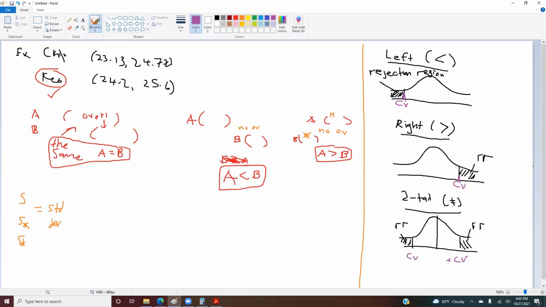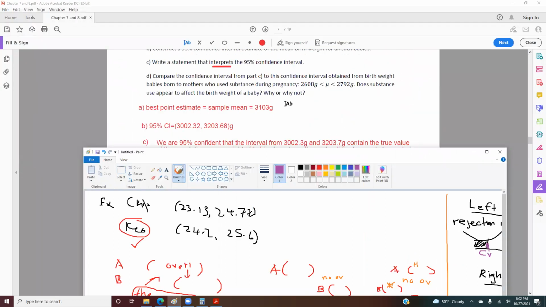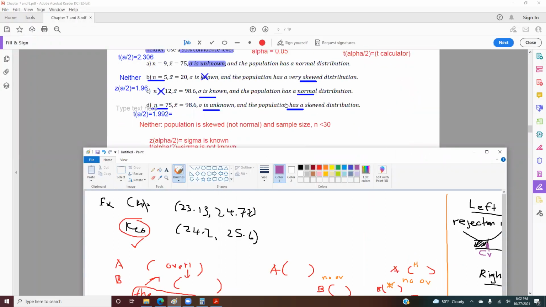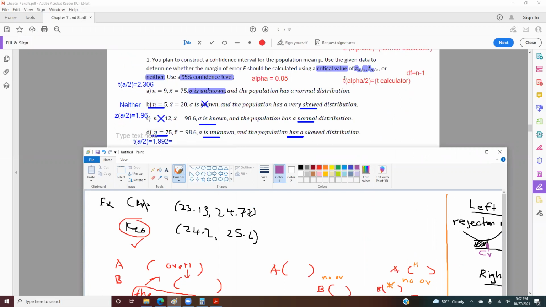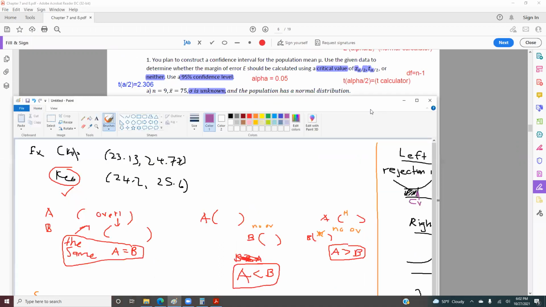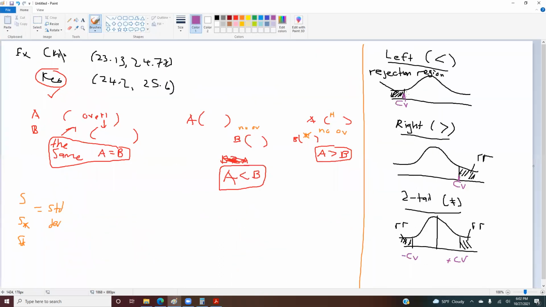The only difference is one is plus, one is minus. We did this before in the beginning of the class, in question 1, where I asked you to find the critical value. So this 2.306, 1.96, these are what we call your critical value, the purple one that we just mentioned.